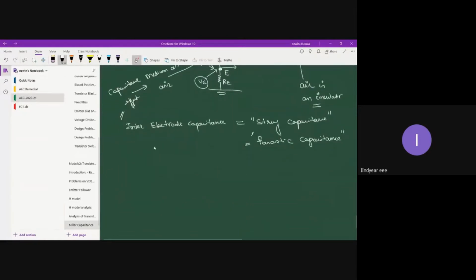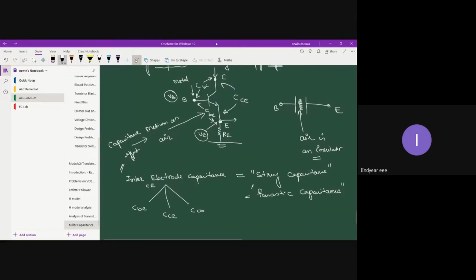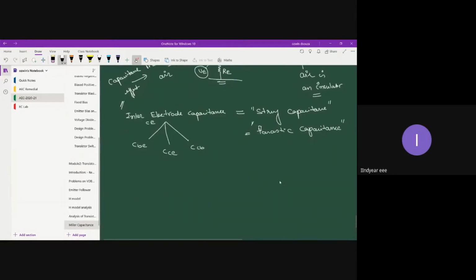So these inter-electrode capacitances, for a common emitter configuration, you can say there are three: base to emitter, collector to emitter, and collector to base. BC or CB doesn't matter. So this is called the inter-electrode capacitance.